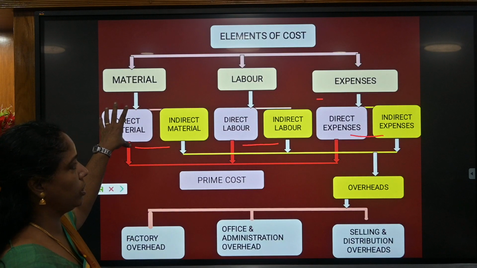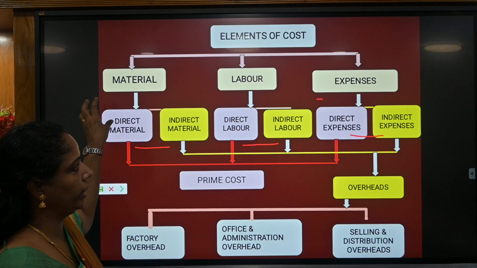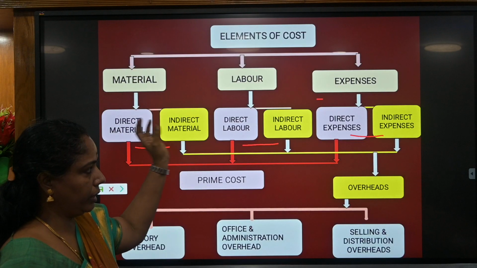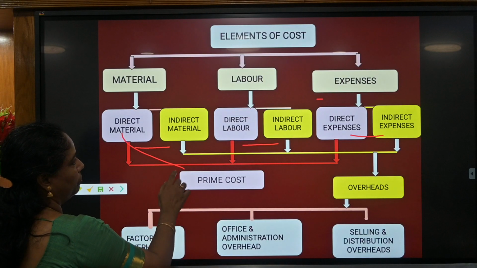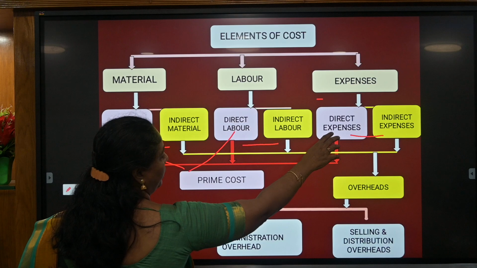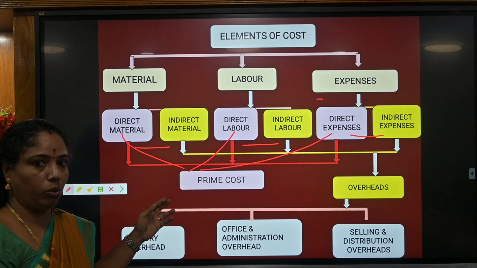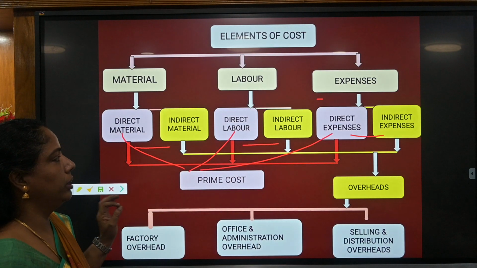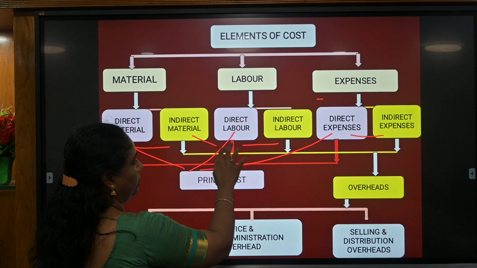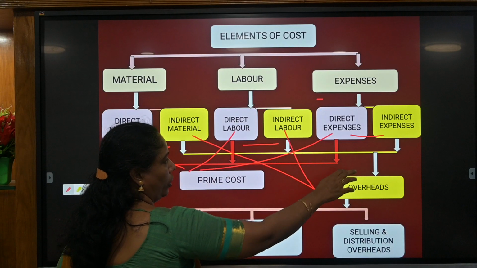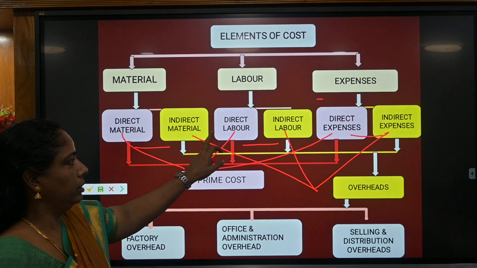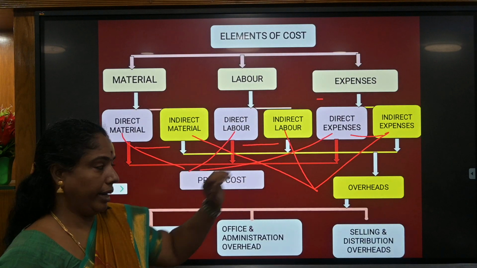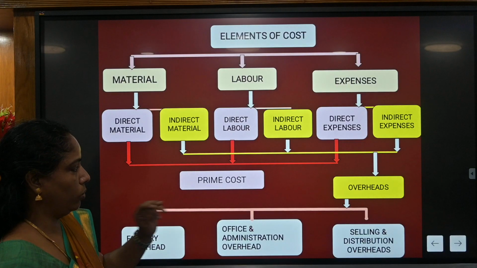The expenses directly involved in these elements are collectively known as prime cost, that is direct material, direct labor and direct expenses. If we add the indirect things together, that is indirect material, indirect labor and indirect expenses, they are known as overheads.